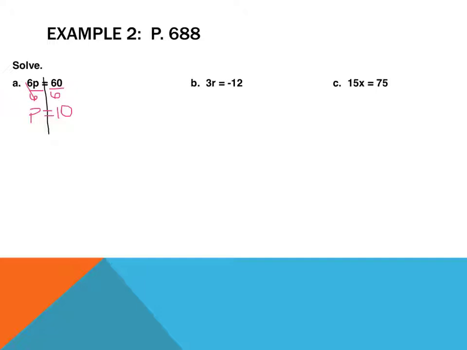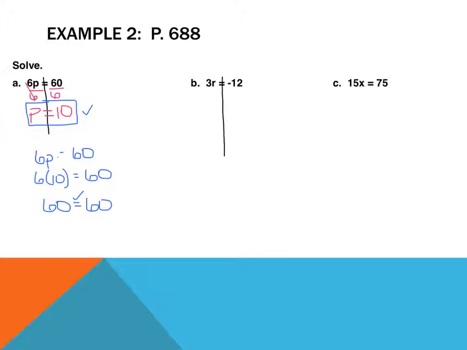And I can check that by rewriting my equation. My original equation is 6p equals 60, so I'll rewrite it as 6 times 10 equals 60. That gives me a true statement, so that means that my solution of 10 was correct.